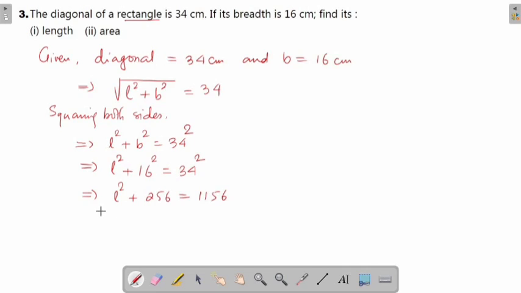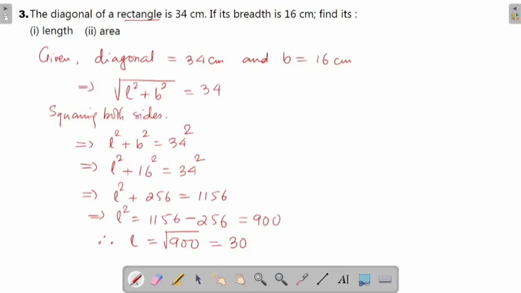So L square is equal to 1156 minus 256, which is 900. To get rid of the square sign, you have to find the square root. So L will be root over 900, which is 30.